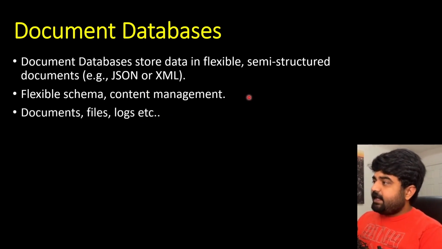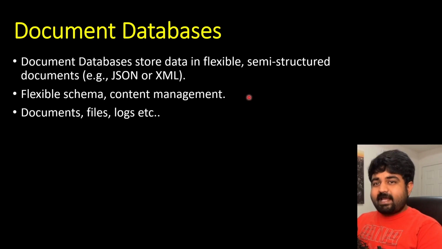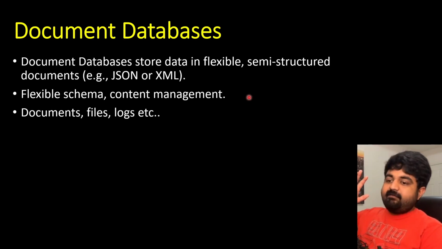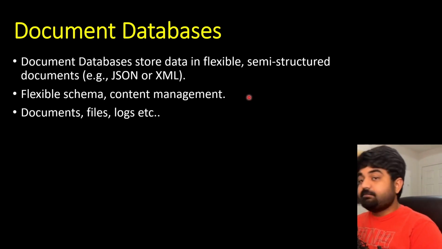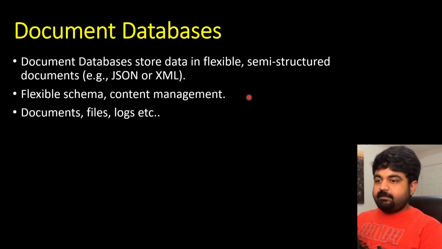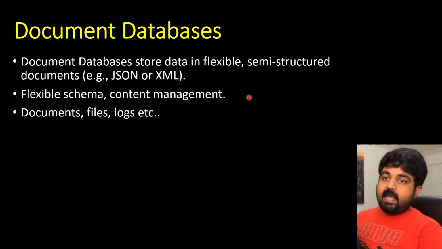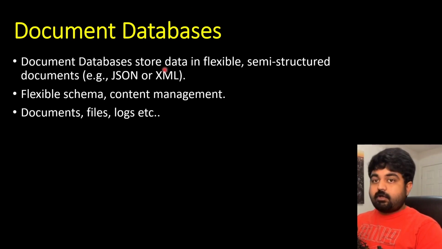So think of files or logs, all of those kinds of systems. Maybe you have a website that manages blogs for all the different people, and all the information in the blogs is constantly going to change. In that case, to store that information, you can think of using document databases.